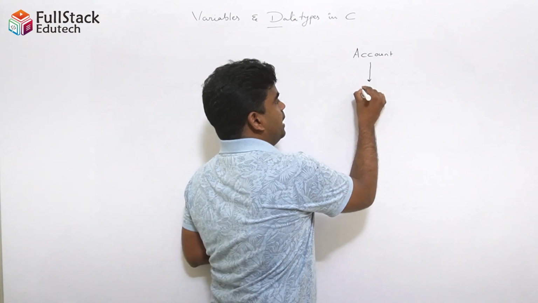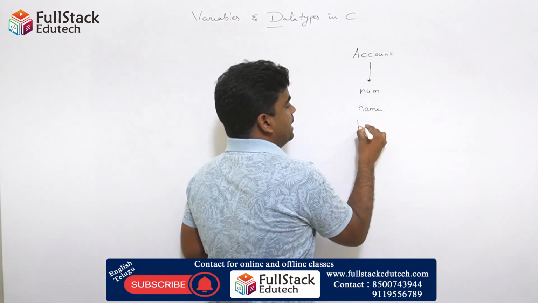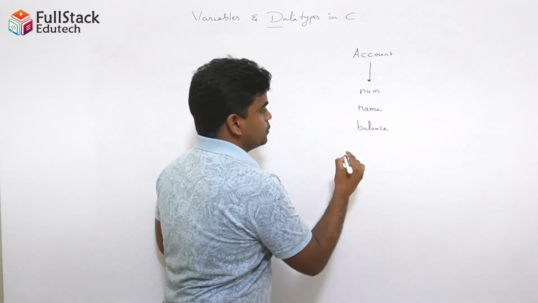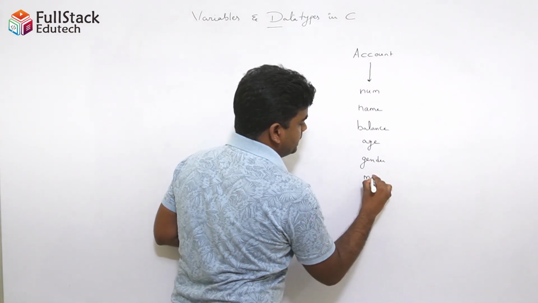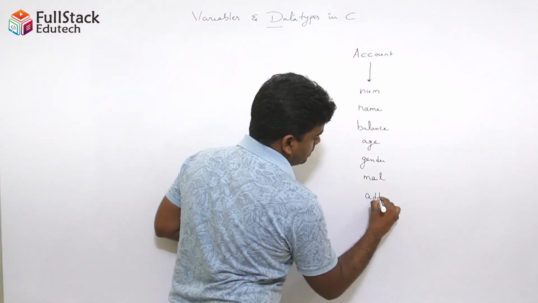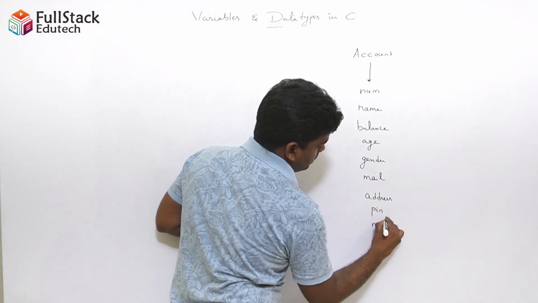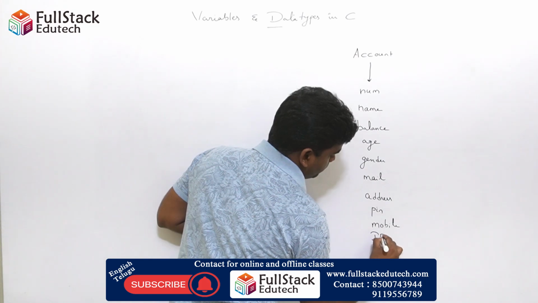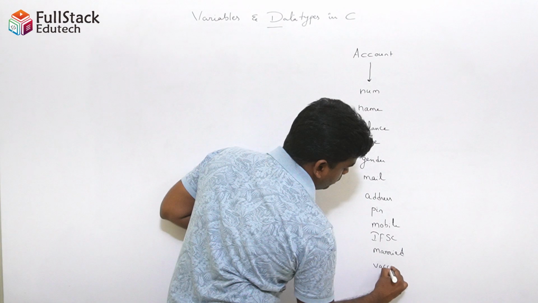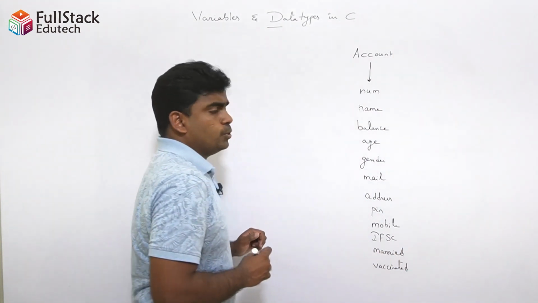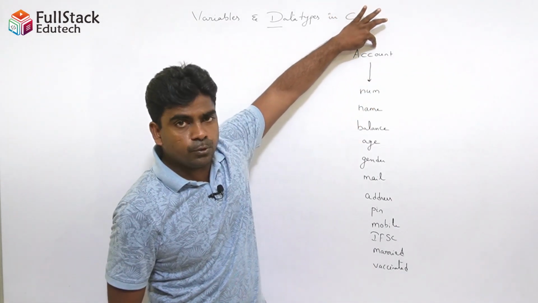Account number, account holder name, balance in account, age of the person, gender, mail ID, address, PIN number, mobile number, IFSC code, married or not, vaccinated or not. Like this, we can store different types of data whenever we write a program.